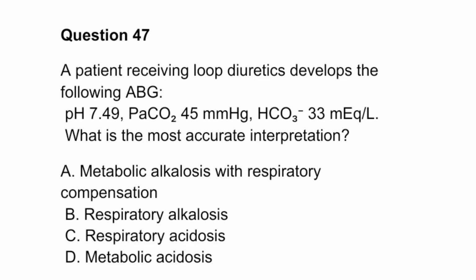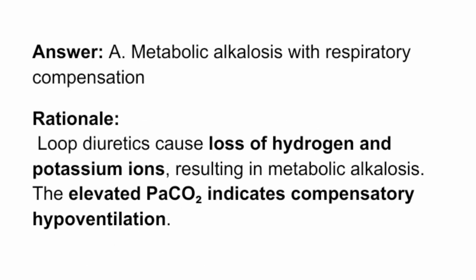B. Respiratory alkalosis. C. Respiratory acidosis. D. Metabolic acidosis. Answer: A. Metabolic alkalosis with respiratory compensation. Rationale: loop diuretics cause loss of hydrogen and potassium ions, resulting in metabolic alkalosis. The elevated PaCO2 indicates compensatory hypoventilation.